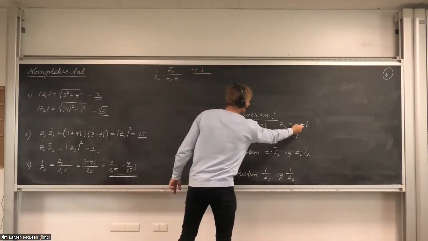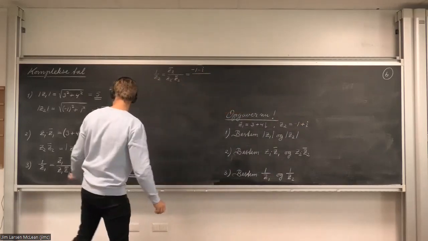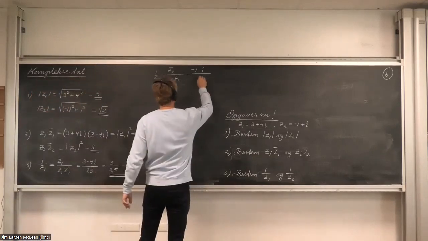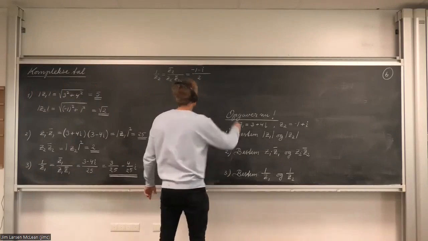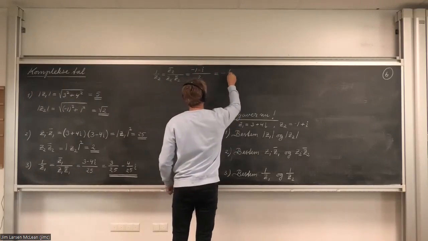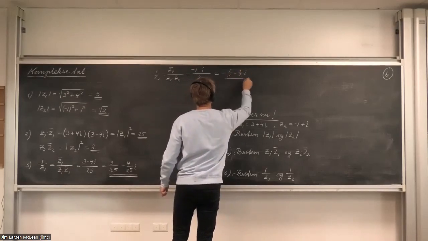So that's the only place I have to write the sign. And then I have Z2 times Z2 conjugated, which I calculated. It gave 2. So here it should say 2. And then I can split it in 2. So it gives minus 1/2, minus this one here. Then it's done.